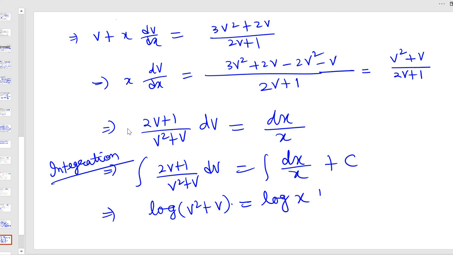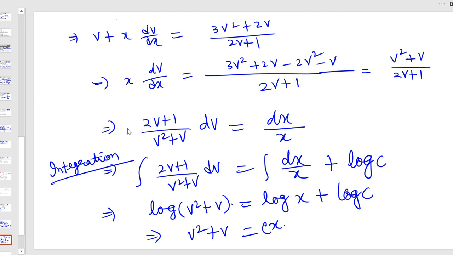plus, in place of c you can say logarithmic of c, so that you can eliminate the logarithm. So v square plus v equals cx. Now we have y equals vx.